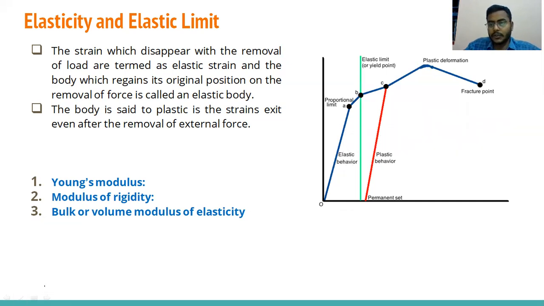It is the ratio of stress to the corresponding strain, meaning the stress produced for a given amount of strain, right? So that ratio is called the elastic modulus. There are different types of elastic modulus. First one is the Young's modulus.